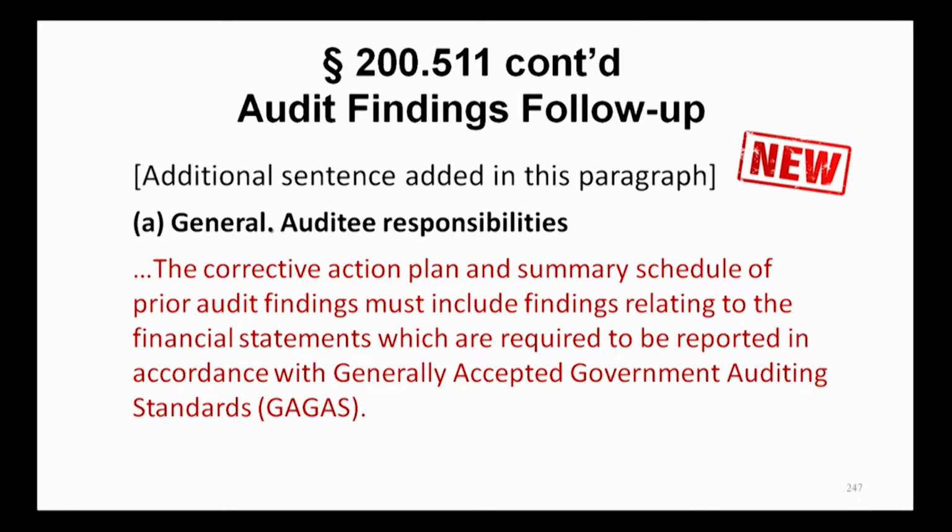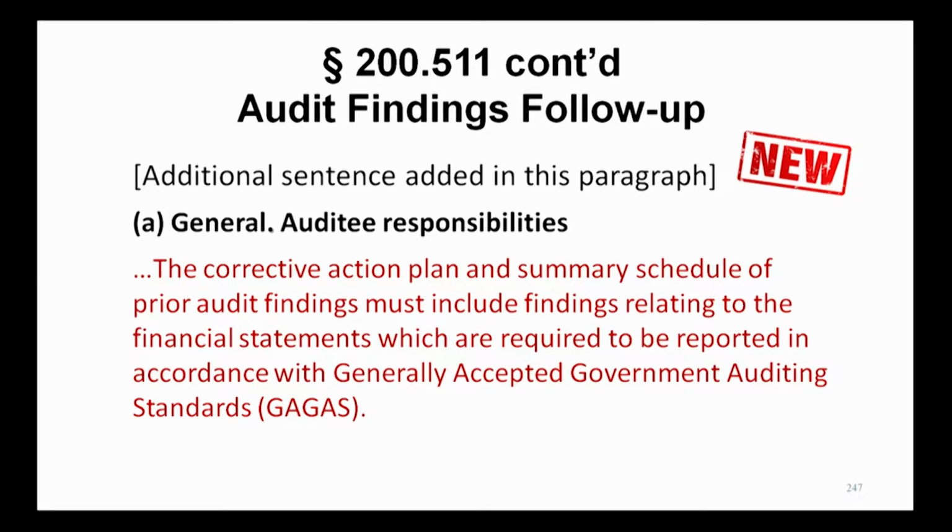Okay, 511, the new section that's added here under Auditee responsibilities. The corrective action plan and summary schedule of prior audit findings must include findings related to the financial statements, which are required to be reported in accordance with generally accepted government auditing standards. So that's new language that's added under Auditee responsibilities.